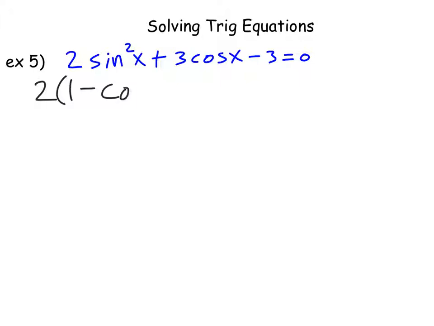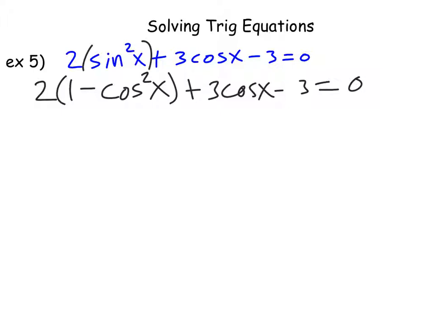Sine squared works pretty well with the Pythagorean identity. And I can make that substitution, right? Right there. Sine squared out, 1 minus cosine squared in. Okay? Distribute the 2. And obviously what I like about this is now the equation that I'm working with is all in terms of cosine.